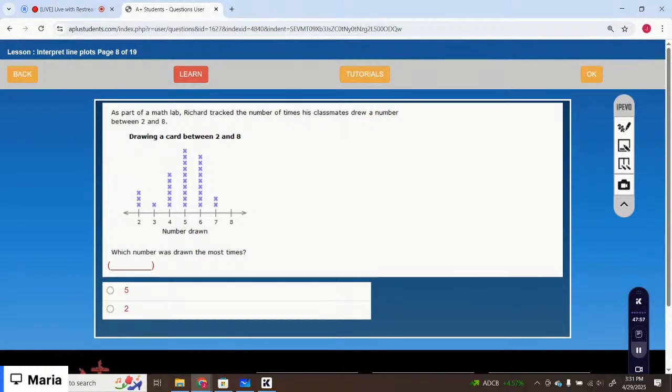As part of a math lab, Richard tracked the number of times his classmates drew a number between 2 and 8. Which number was drawn the most times?